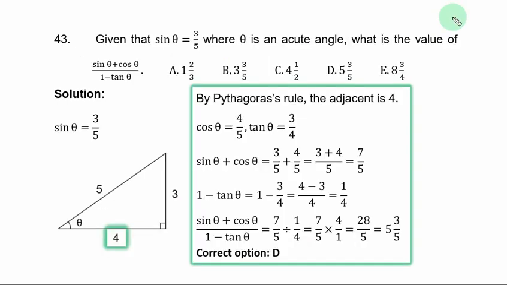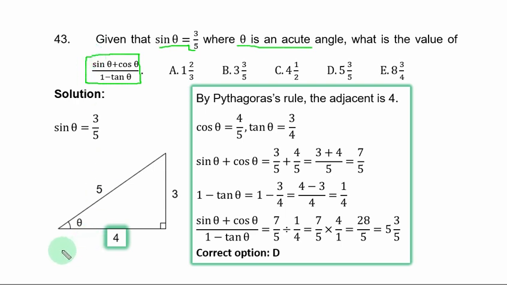Question 43. Given that sin theta is equal to 3 over 5, where theta is an acute angle, what is the value of sin theta plus cos theta over 1 minus tan theta? Now, the information about sine will help us to get cosine and tangent from a right angled triangle.